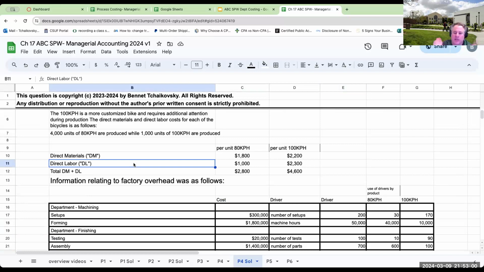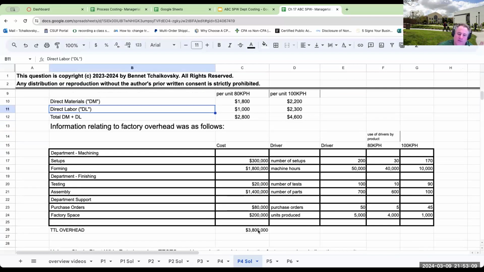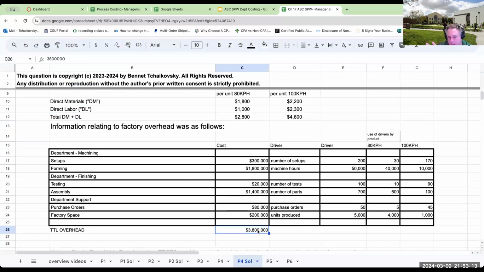So these are going to be easy things for us to figure out. What becomes more difficult is how do we take this overhead and allocate it? Well, there are at least three ways. Single plant-wide, which we're going to be talking about today. Departmental, which I'm not covering in my class; I did that for a while. And then lastly, there's activity-based costing.